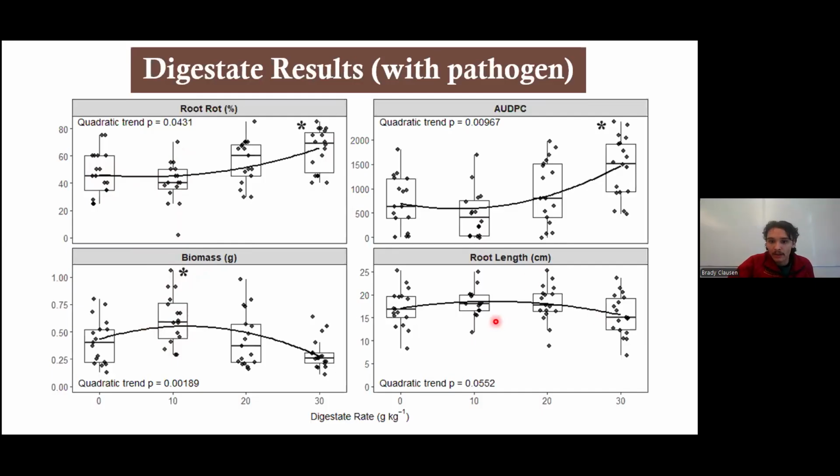And then root length had a significant quadratic trend, just marginally though. Overall, we see those same trends. So it seems like higher rates of digestate exacerbate disease, while 10 grams per kilogram and under seems to mitigate disease, if not enhance plant performance when the pathogen is there.